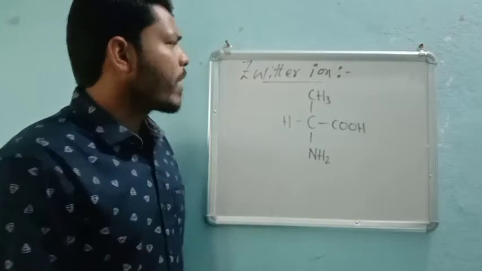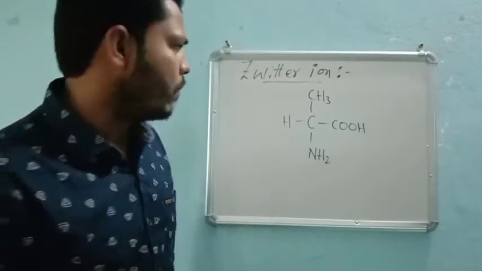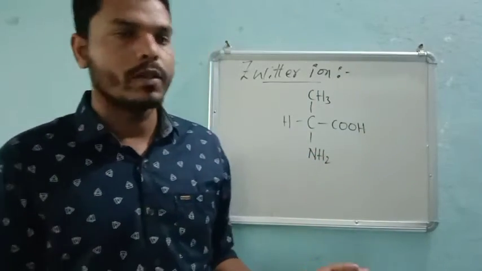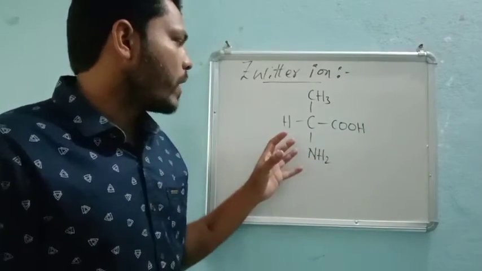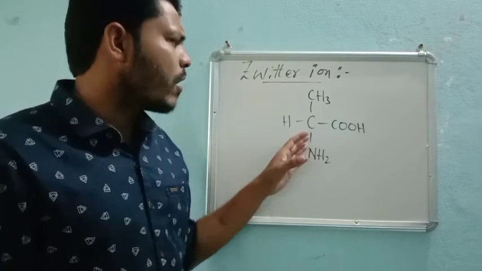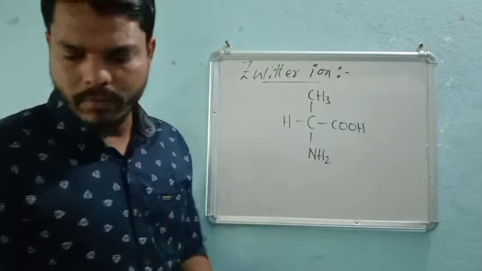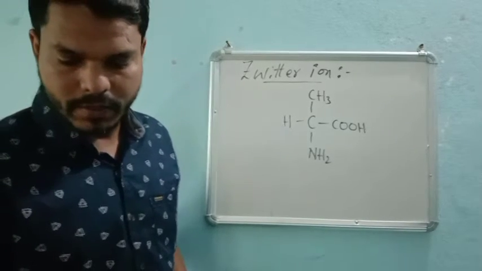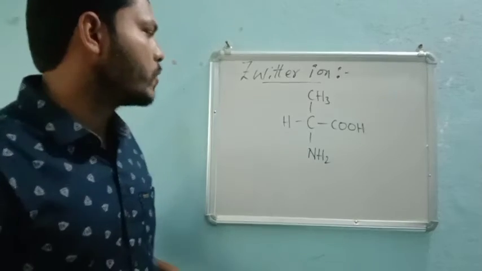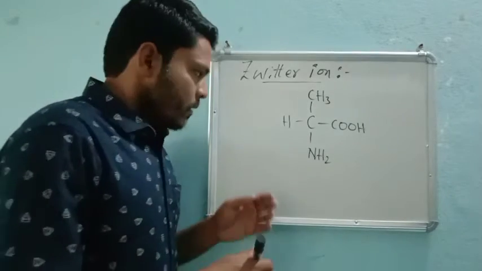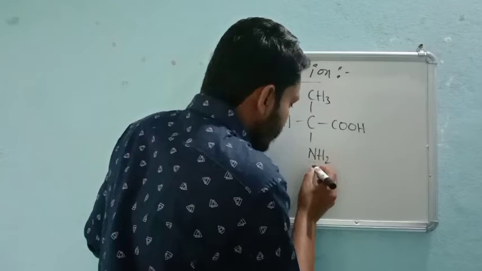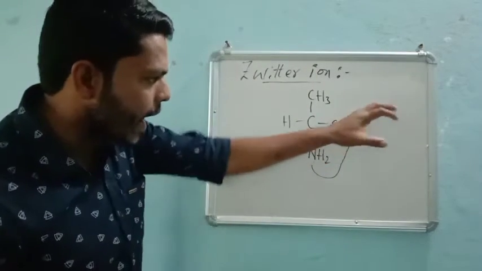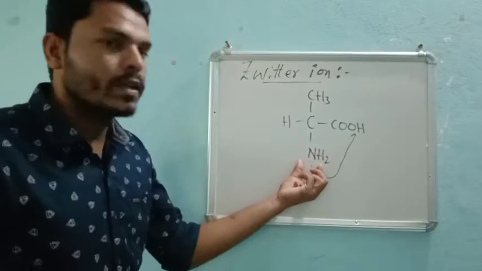Now, what is a Zwitterion? There is "ion". Ion means charge, right? We already know about that. Now when we add some water, in aqueous solution, what happens is, because nitrogen is a base, it can donate an electron and drag this hydrogen towards itself.